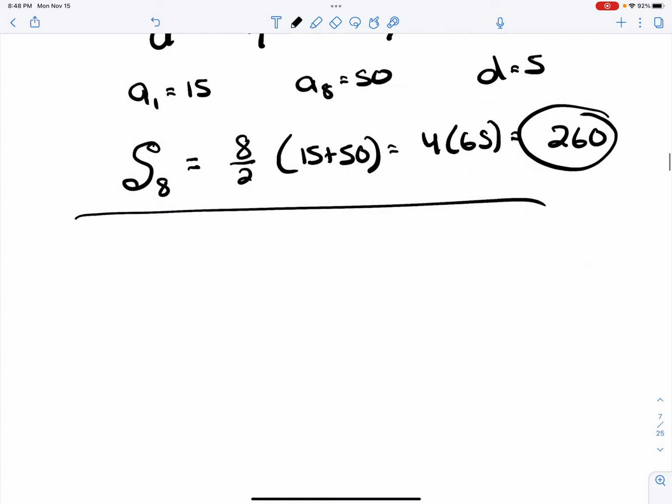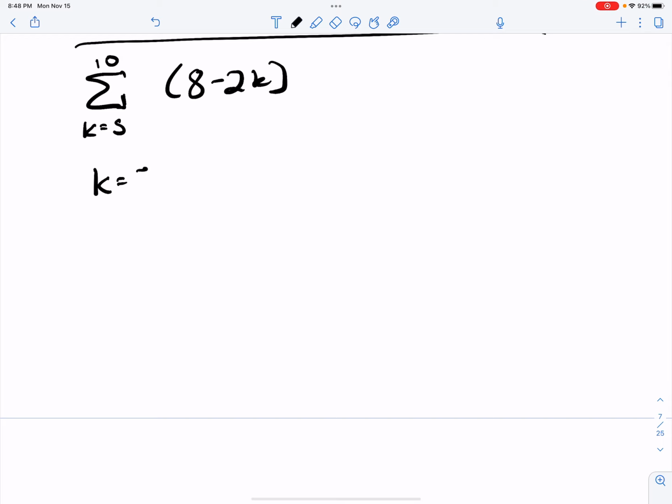Let's do another one of those with the summations. k equals 5 to 10. So Greek sigma, k equals 5 to 10, 8 minus 2k. So when k equals 5, that's going to give us our a sub 1.